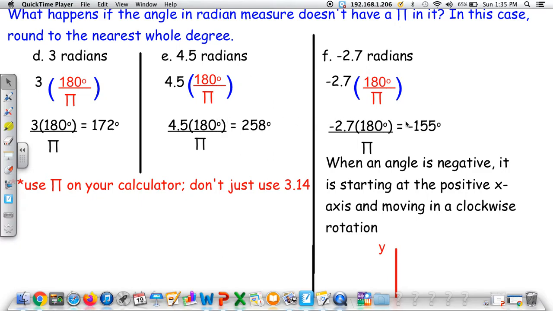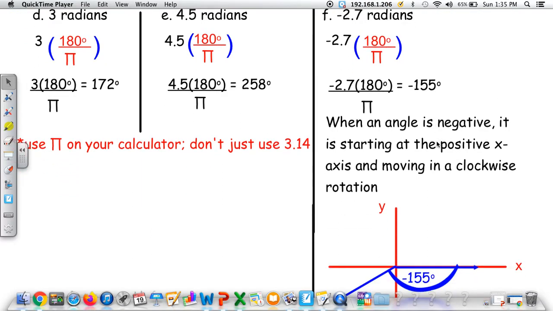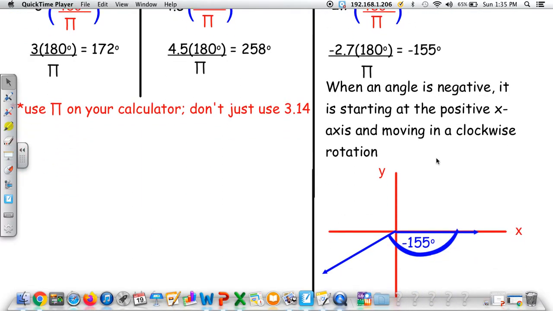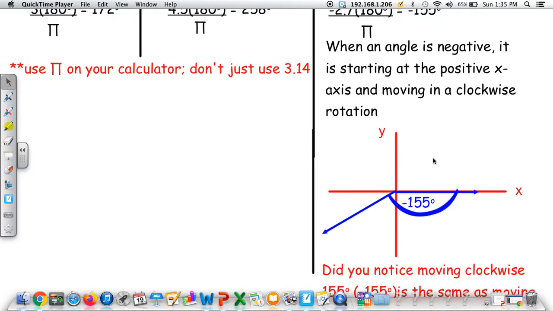So now, negative 155 degrees. And you're like, well, what's that? Let's quickly review this if you have forgotten. For all angles, we're starting here at the positive x-axis. Normally when it's a positive angle, from here I go this way.